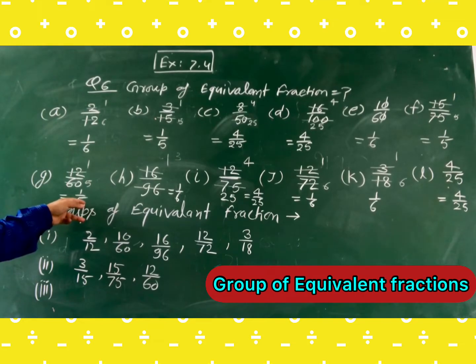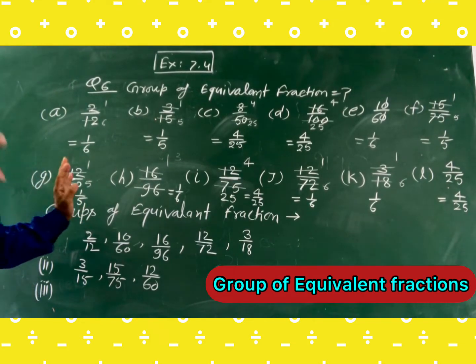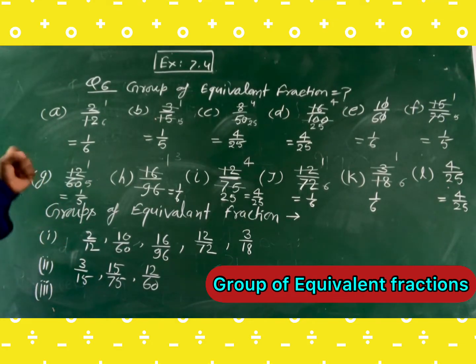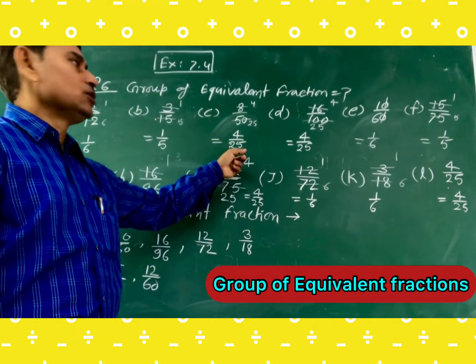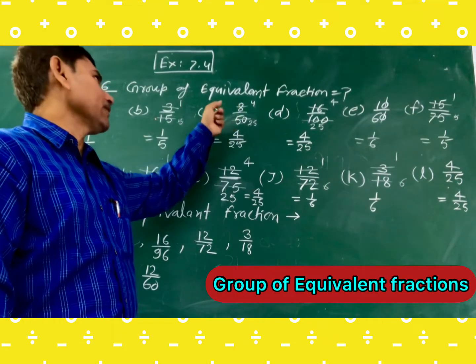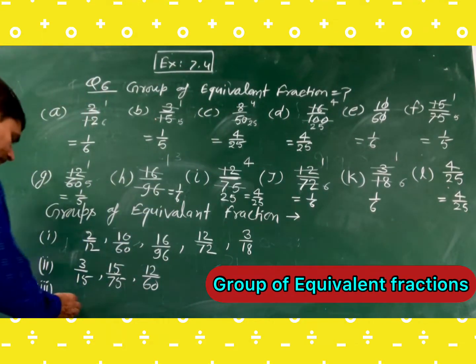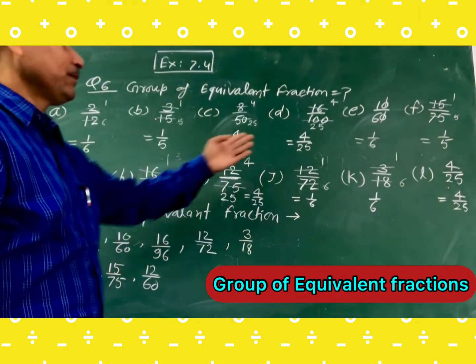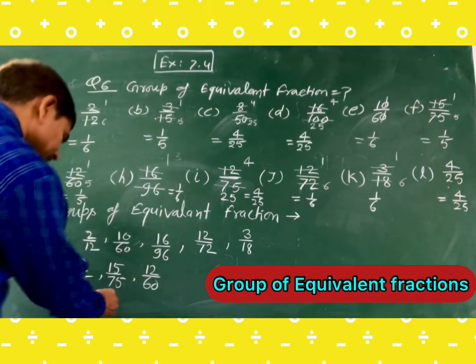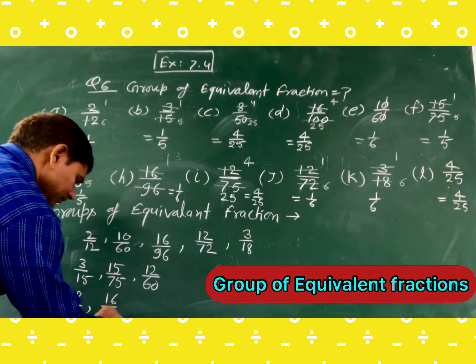And after that, is there 1 by 5 anywhere else? No. After that you can take another fraction, that is 4 by 25. So 4 by 25 you will get from the C, that is 8 by 15. And after that, very nice, 16 by 100.